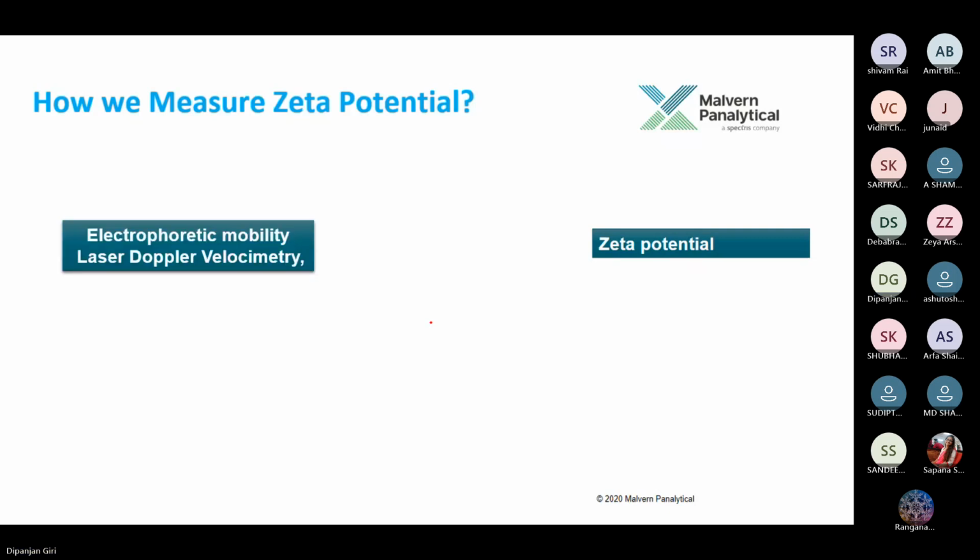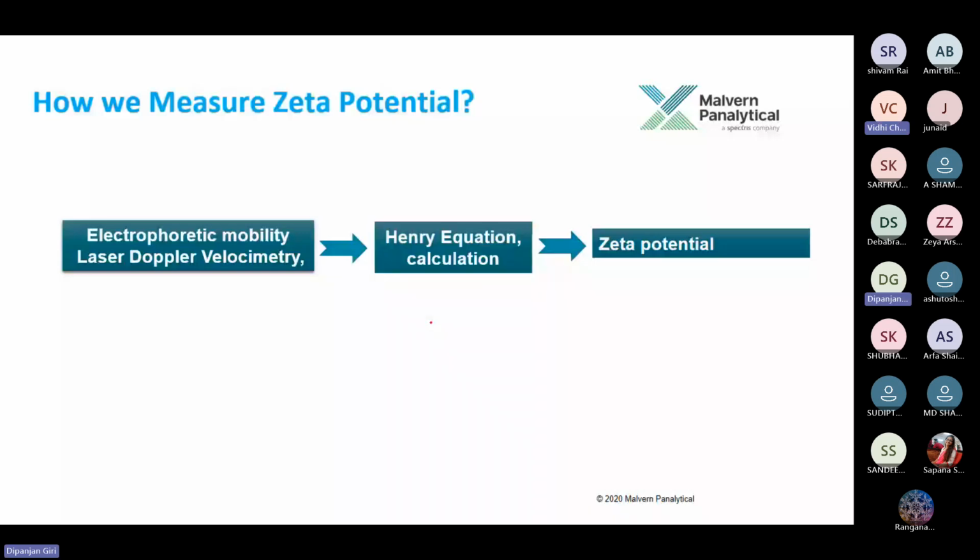So to get the zeta potential, you need to measure the electrophoretic mobility of the ions, which is related to the Henry equation, and you will get that zeta potential.